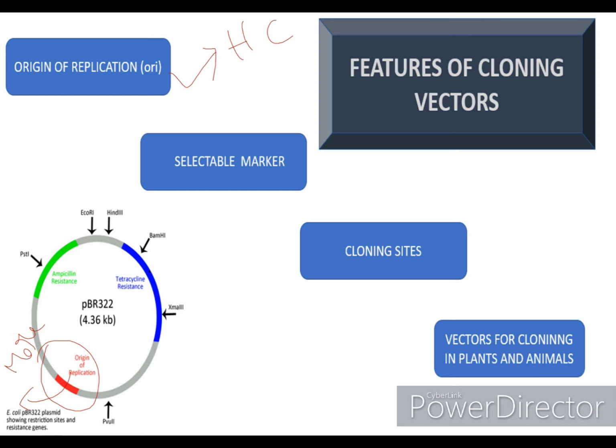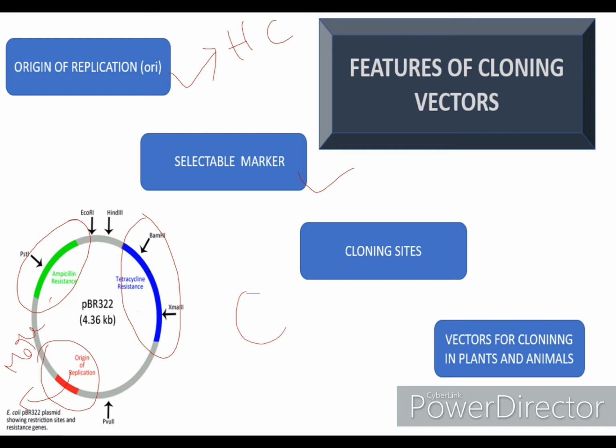And the next one is selectable marker. These antibiotic resistant genes which are attached to the plasmids are selectable markers. See here, ampicillin resistant gene and tetracycline resistant gene. Because of these genes, these plasmids have got resistance to some of the antibiotics. And these are helpful in selecting the recombinant and non-recombinant plasmids.